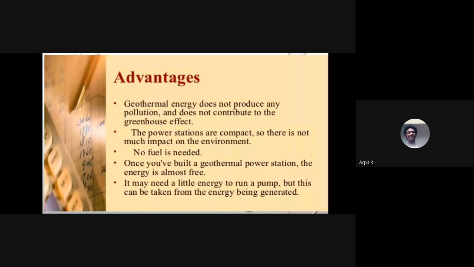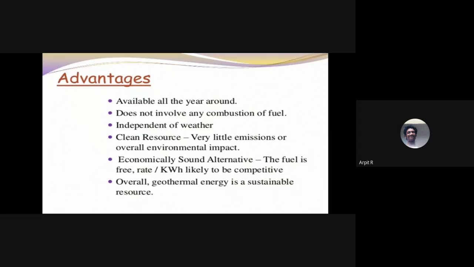It is less polluting and greenhouse gas emission is very low. No fuel is needed, and once the station is built, the energy is almost free.